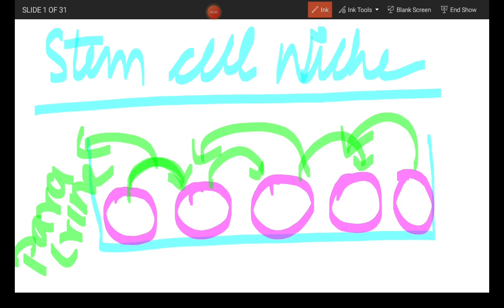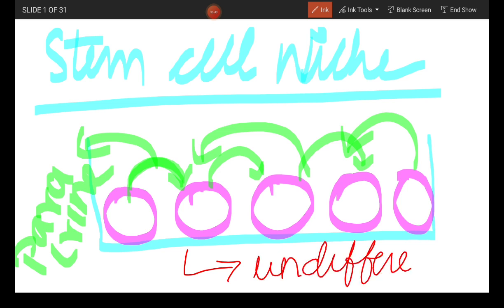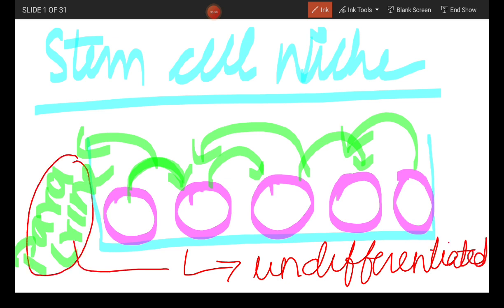These paracrine factors will maintain the stemness, that is, the undifferentiated condition.